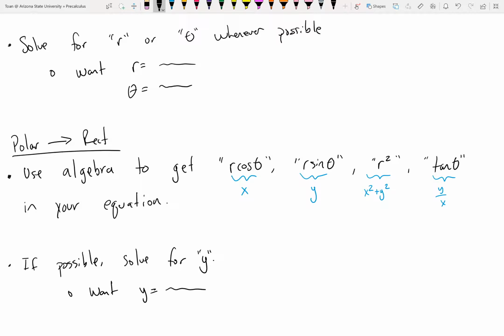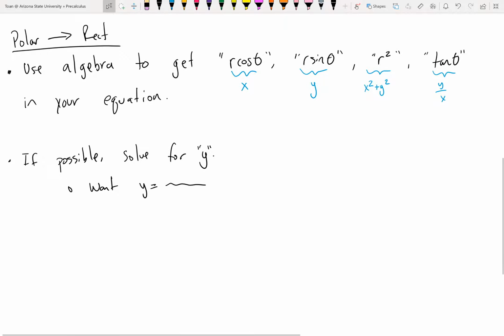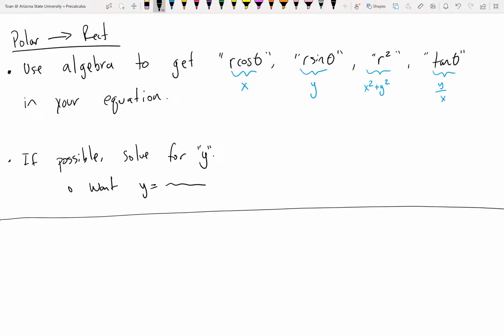We typically like to write equations or functions in terms of x. Sometimes that won't be possible because the equation looks too funky, and if it looks too funky, just leave it as is, and I'll do a few examples of that. But try, if possible, to write y as a function of x.